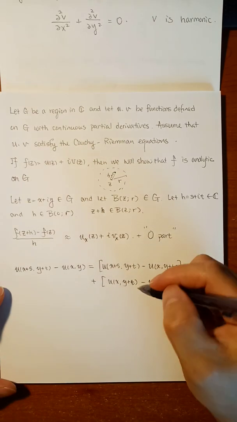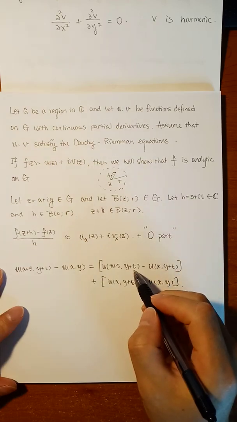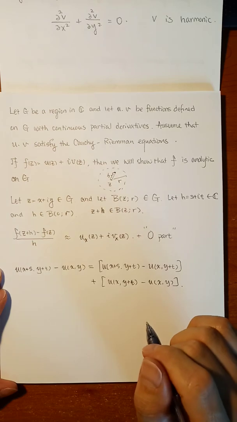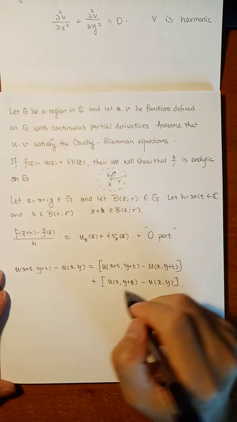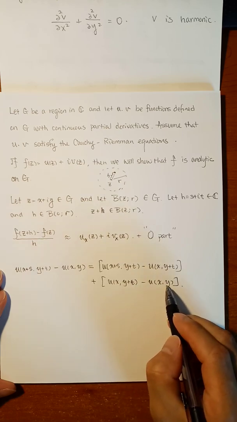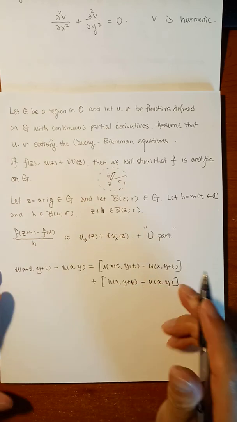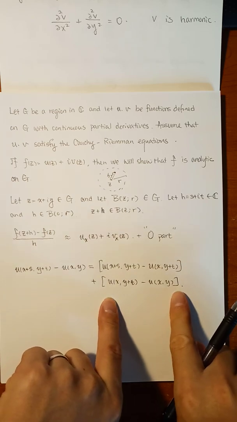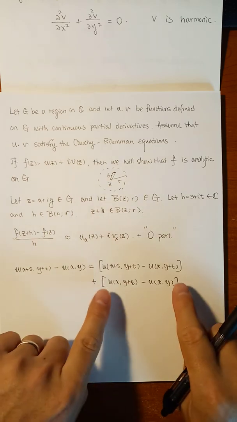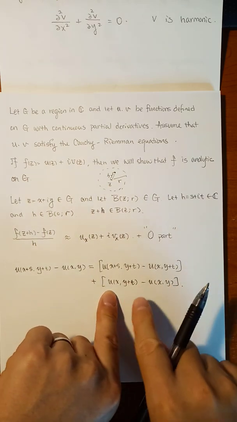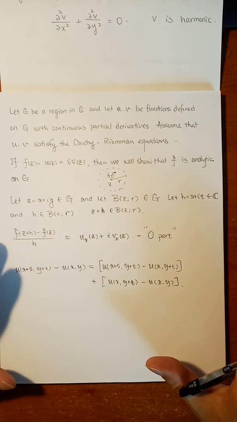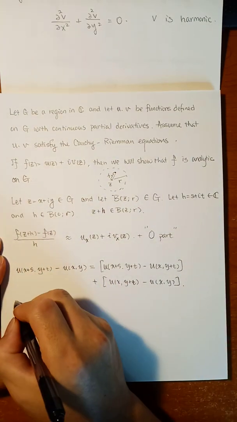Once we separate the x variable and y variable, we consider this t fixed, and we also fix s. For the second part, x is fixed, and y goes from y to y plus t. This gives us an interval from y to y plus t, or from y plus t to y, whatever the order. Once you have an interval, this function has continuous partial derivatives, is differentiable and continuous. All this gives us the mean value theorem.